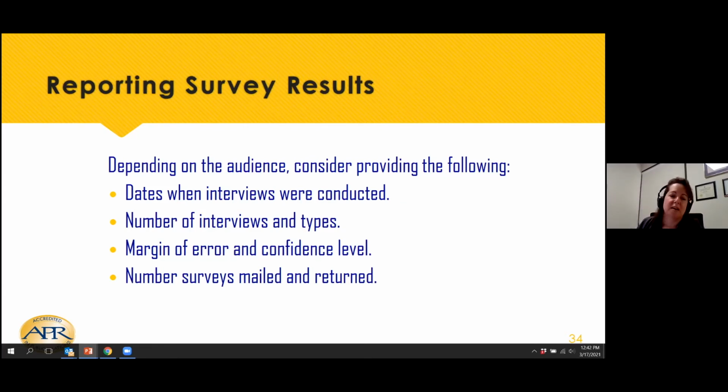So when you are reporting your survey results, you can include all of these components, and when you discuss your results, you do want to include your evaluation of the information that you received based on all the things we just discussed, the number of interviews and types, the information that you gleaned from that, and where you can go. Sorry about that, I jumped ahead too soon.